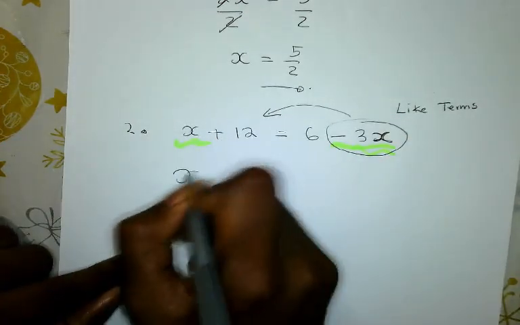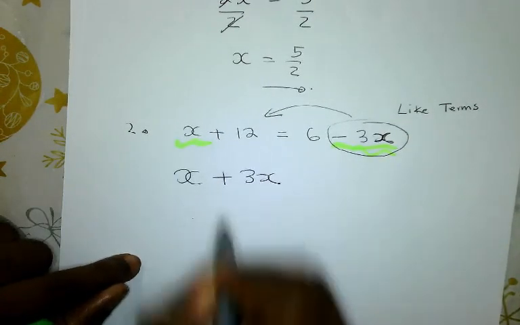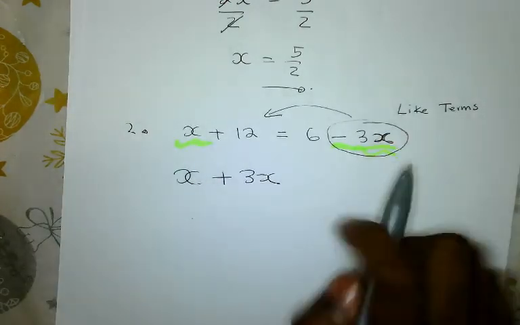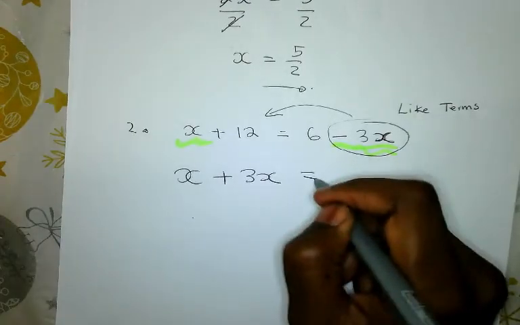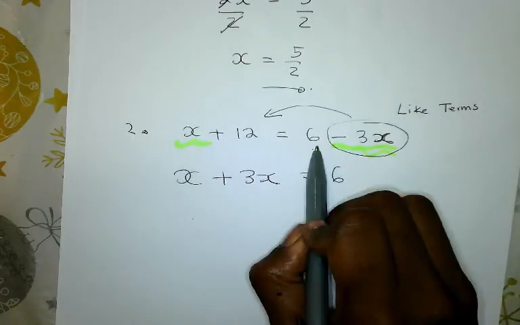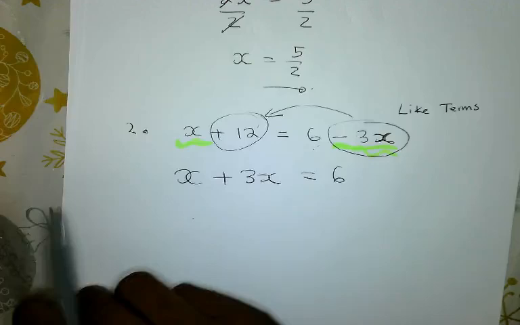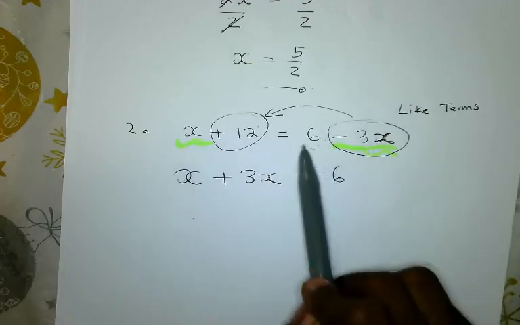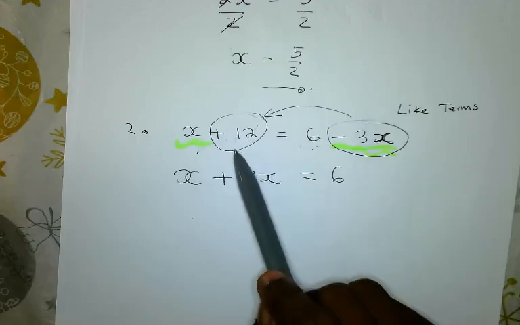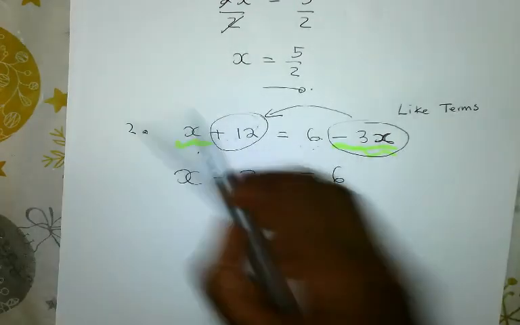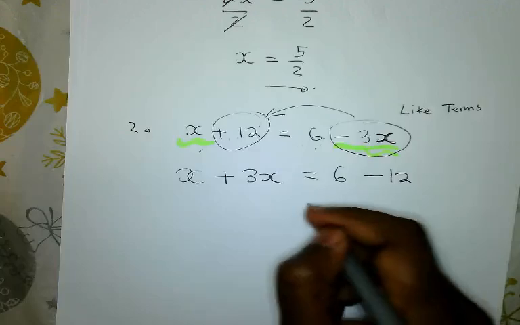So I'm going to have x plus 3x. Do you all understand? This is negative, goes there, it becomes a positive. And then 6. This is a constant. I want to join it with the constant there. So I'm going to move this positive 12 to that side. If it comes here, it becomes a negative 12.